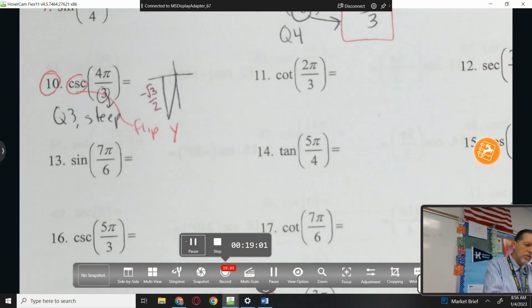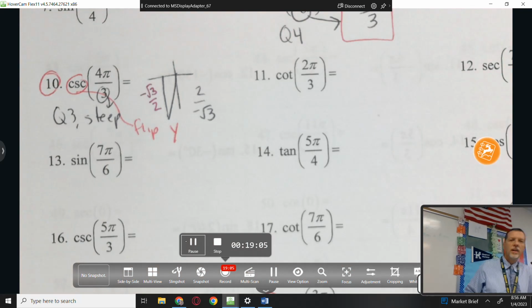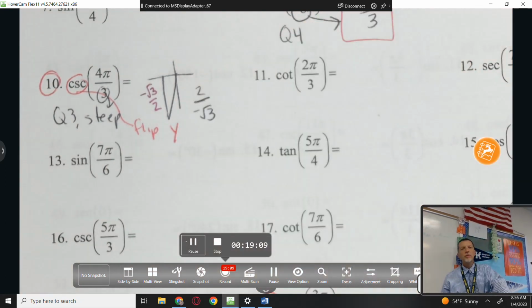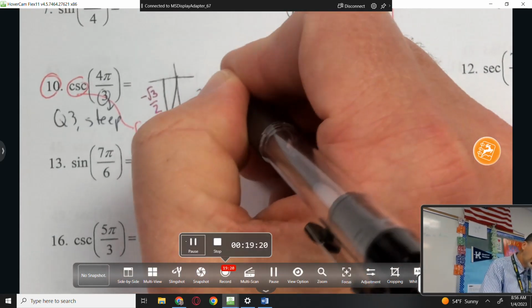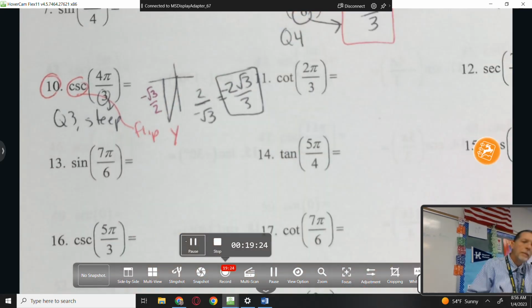So if I flip that, and here's why I picked this one. I flip it, I get 2 over negative root 3. What do I have to do to that? Yeah, I got to fix it. So 2 root 3 over 3. Hey, you could still leave the negative in the bottom, but most people are going to put the negative in the top.